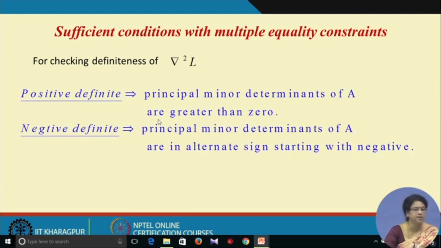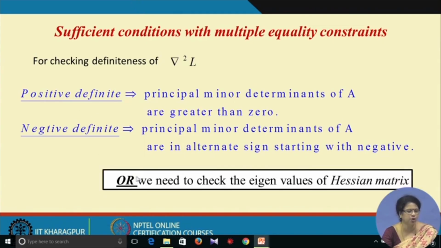And this is the positive definite and the negative definite definition. That depends on the principal minors. If we do not want to calculate the principal minors, because it may happen that the principal minors are very big values, that is why we may go for the eigenvalue calculation. Wherever you are more comfortable, go by that. If eigenvalues are all positive, positive definite, that way.